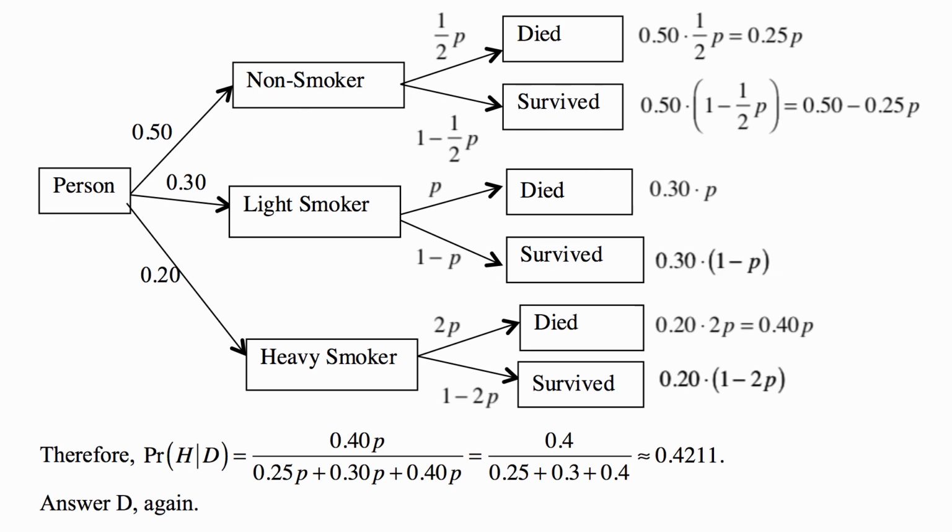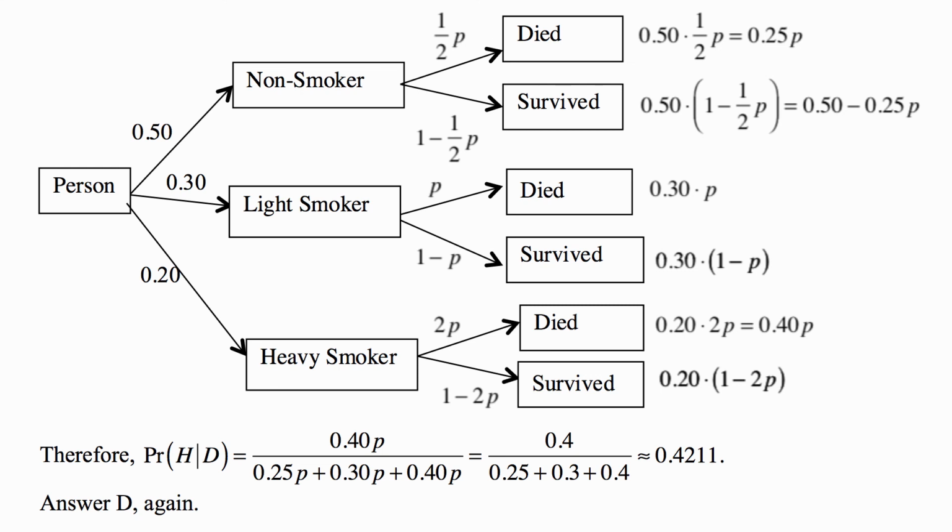And we're looking at the probability of H given D. That is going to be the probability for the case when we have H and D in that multiplication of probabilities, which is 0.40P, divided by all the products of probabilities for the outcome when the person dies, corresponding to D after the line.